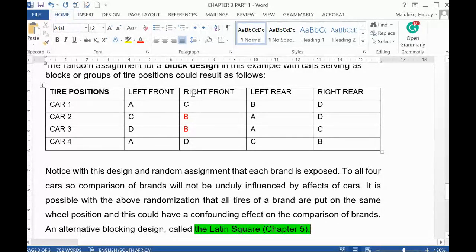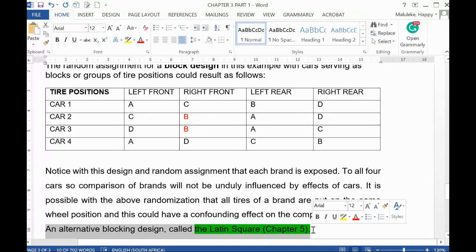This type is exposed to what? Right front. You find that it was never exposed to the other sides of the car. I said the alternative blocking design that can be used is called what? Latin square design.